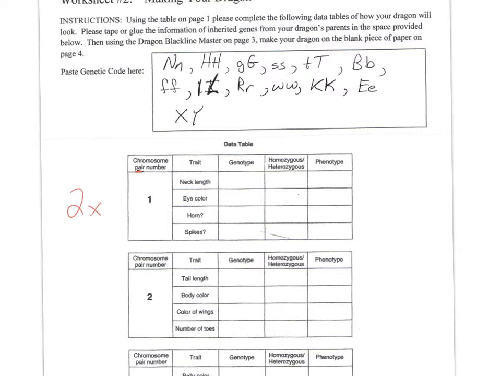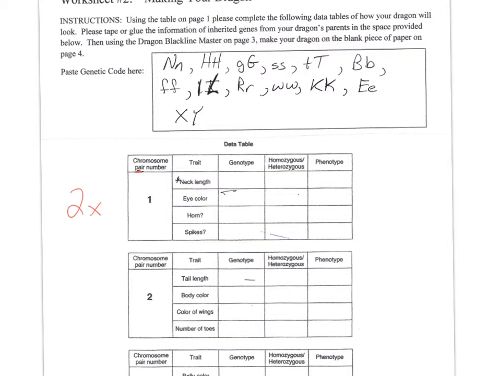So we got two times this chromosome number. We got these different traits. Each trait here, I'm not going to write all of the different genotypes and homozygous, heterozygous, or phenotypes, but I'm going to write a 1 or 2, based on what is written up at the top.